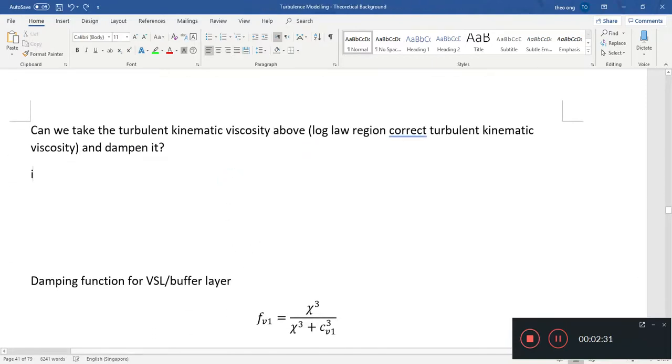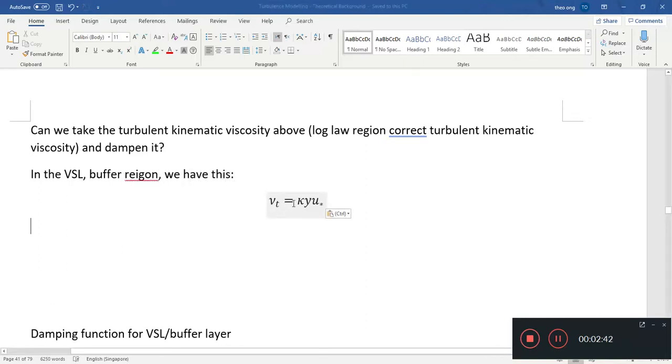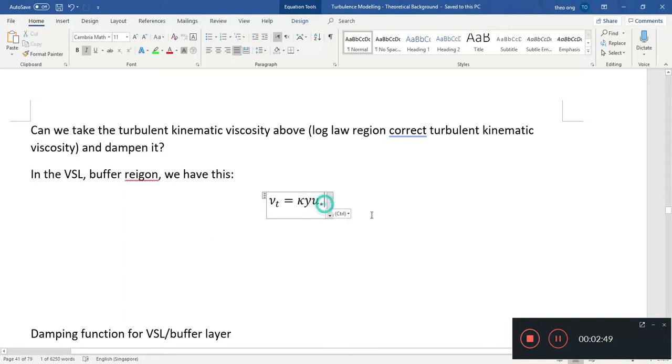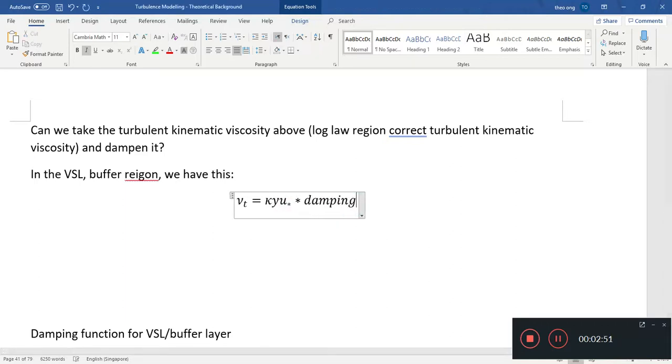So in the viscous sublayer and buffer region, we have kappa y u star, and then we multiply it by some damping function.